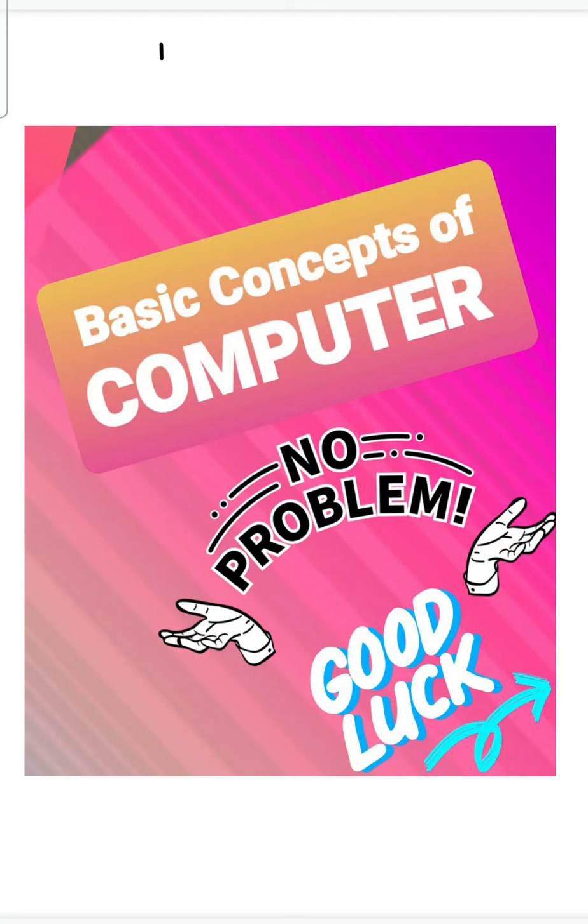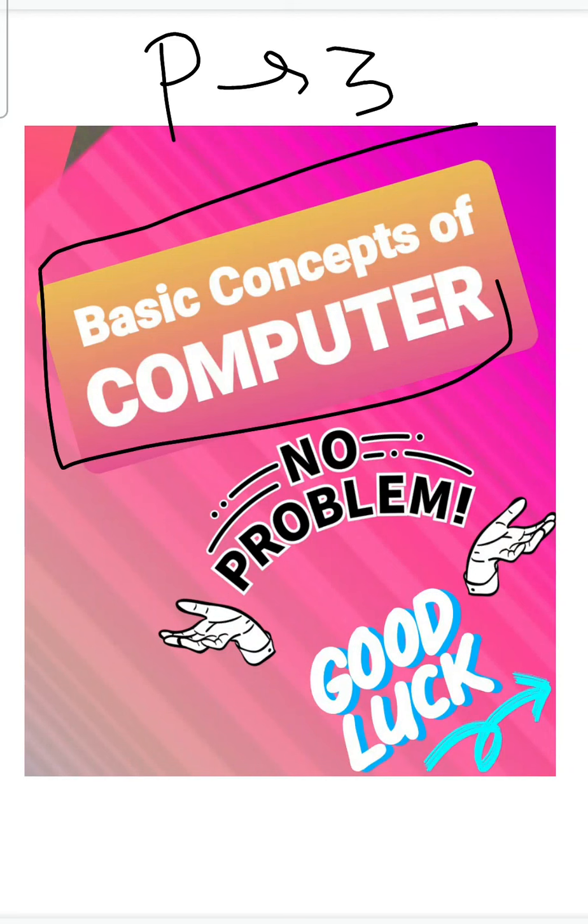So let's move on to part number 3 about the basic concepts of a computer. In the previous lectures we saw the media of a computer, the input devices and their examples, output devices, the CPU, extra information about the CPU, and extra information about the memory.